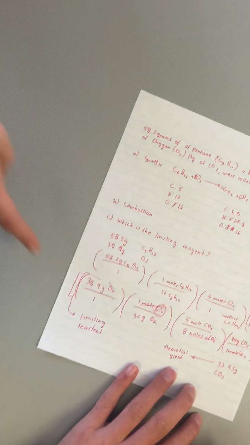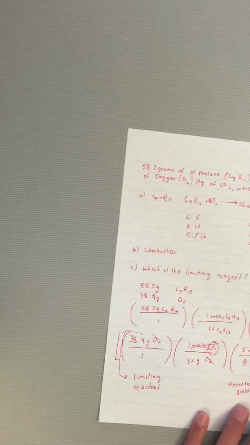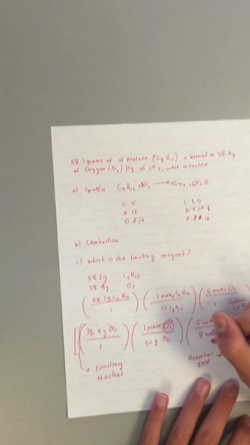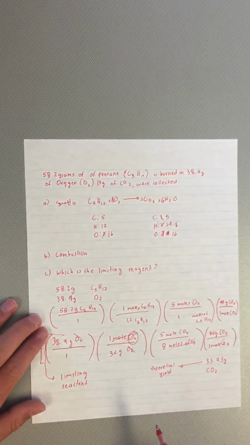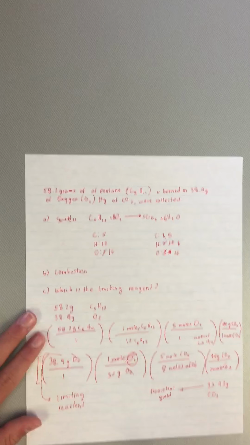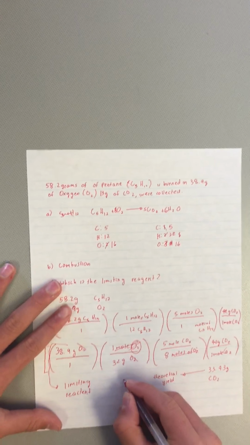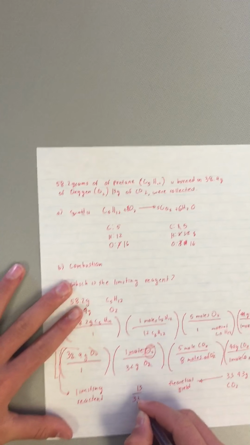How did you get this number? Well, we multiplied it out, Mira, and then we divided it by the bottom. And how can you tell which one is the limiting reactant? This is the one that runs out the quickest. Yeah, great. Thank you. So 13 over 33.43.